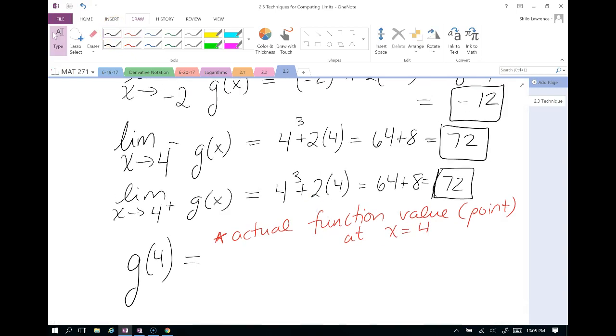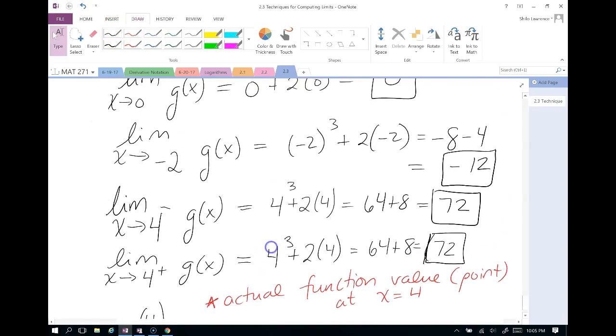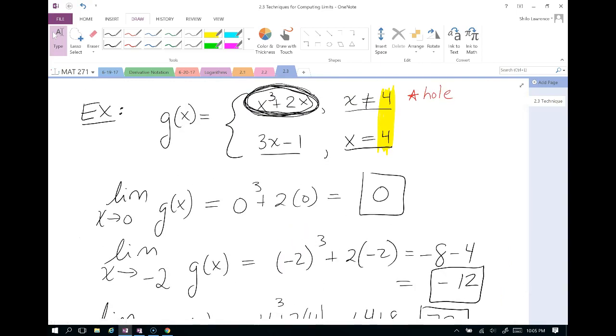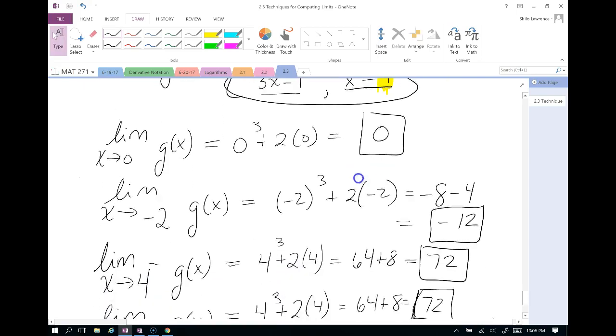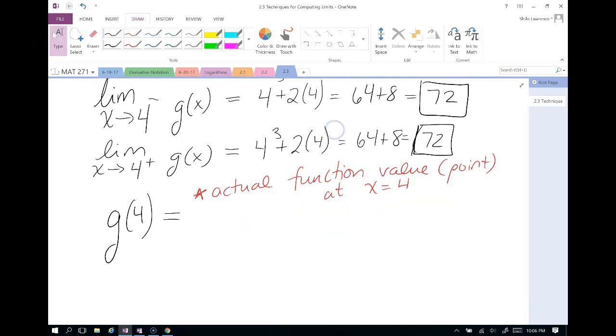This is different than the limit. So if I actually want to plug 4 into that function, that is where this guy comes in. If I actually want to plug 4 in, I need to go to the second piece. So that is the 3x minus 1 graph, which is 12 minus 1, which is 11.